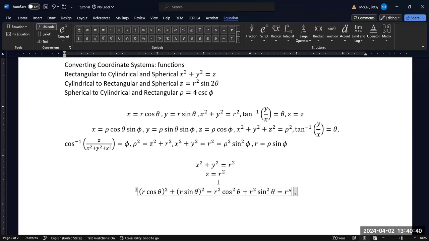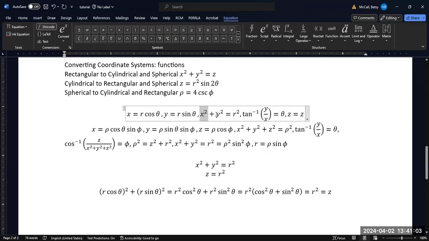And then you have to factor out the r squared, cosine squared theta plus sine squared theta, which is equal to 1. And you're back to exactly where you would have been if you had just used x squared plus y squared is equal to r squared directly. So again, you do have to do the simplification. You can't just plug things in and say, whoop, I'm done.